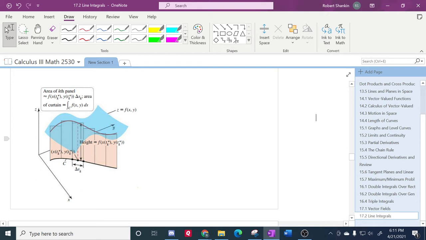Anybody have an idea? Wait, can you say that again? Is always equal to 1.